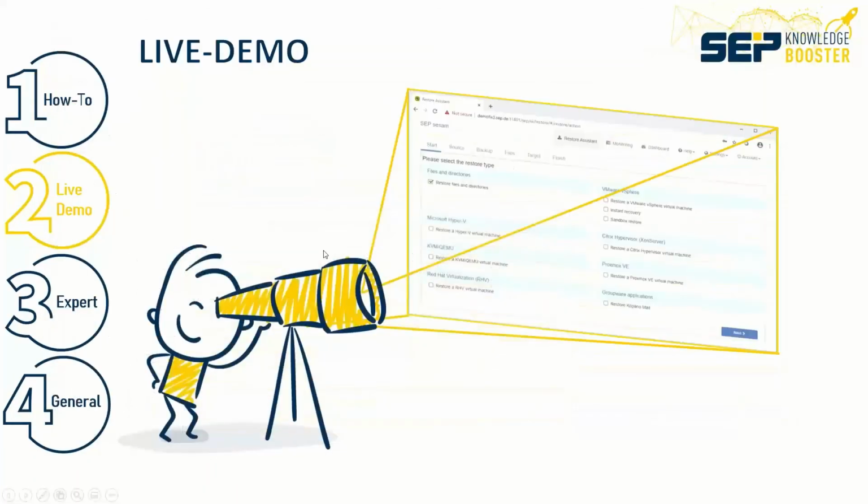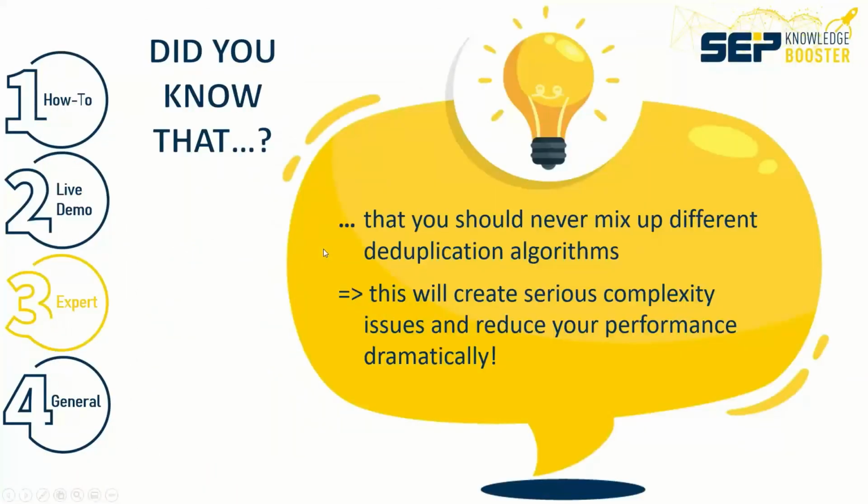So where are we now? I think this was the live demonstration, and as a last information for you, it's important that you never mix up different deduplication algorithms. So for instance, using SI3 on an NTFS deduplicated local storage is not good because the algorithms are not compatible with each other.